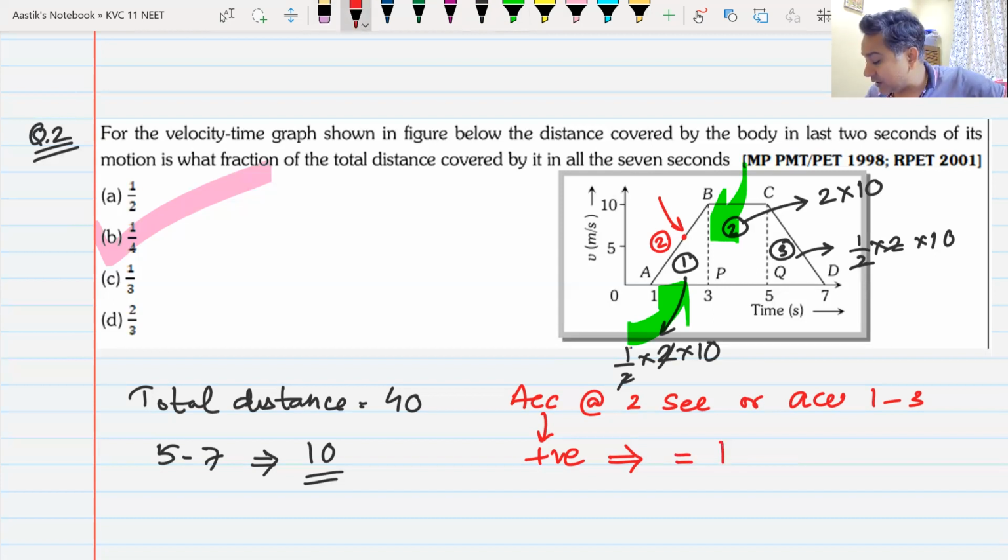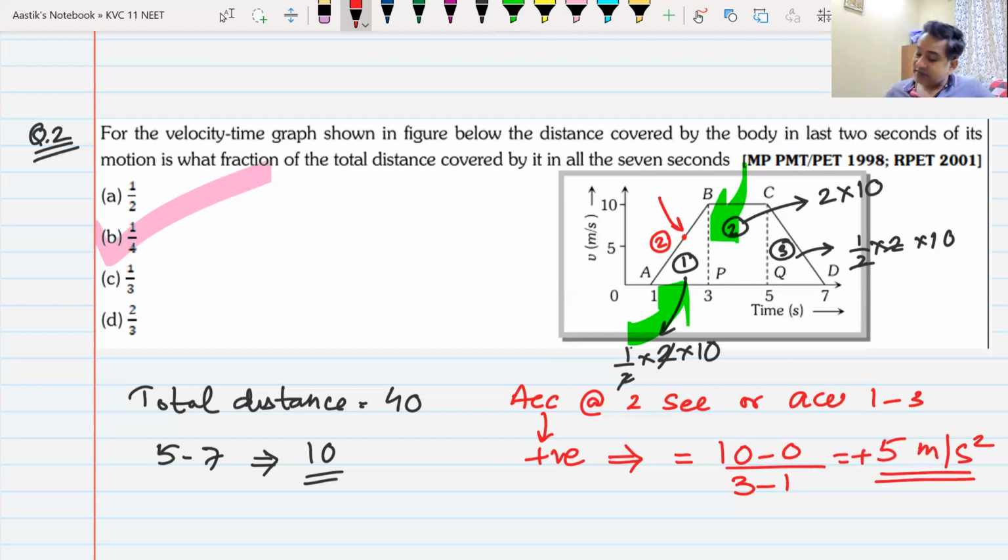So it will be 10 minus 0 divided by T2 is 3, T1 is 1. So it is 10 minus 0 divided by 3 minus 1. It will be 5 meter per second square with a positive sign. Do we understand this? Yes or no? So this is how we can find out acceleration from the velocity time graph.